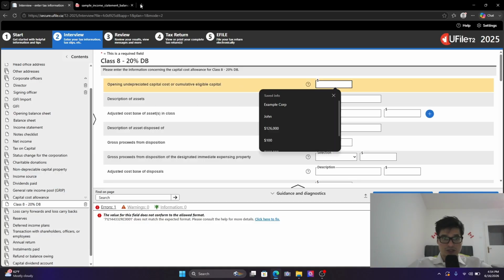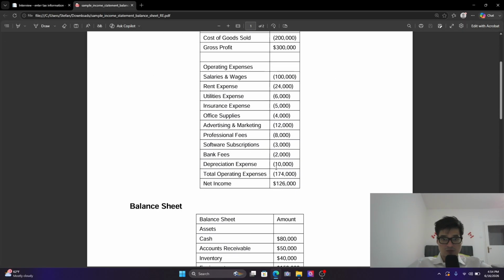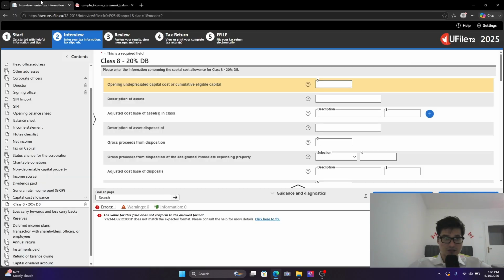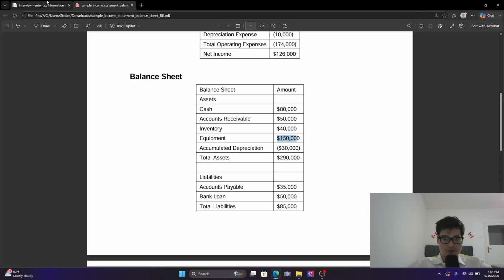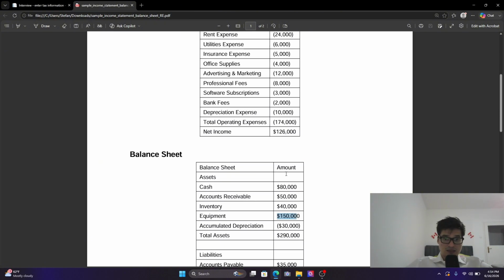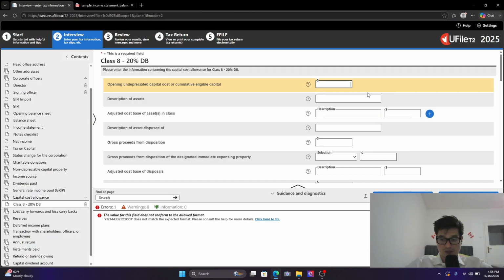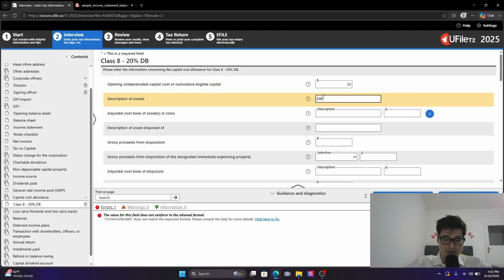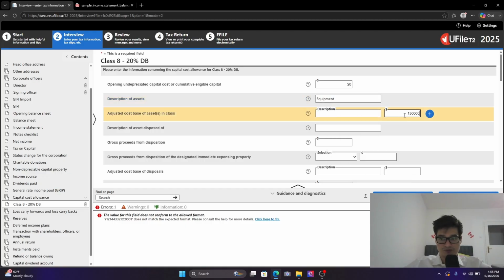So our undepreciated, again, maybe we had purchases of whatever's showing up as 150,000, but maybe this was in the past. So we're just going to show this as whatever it is. Right here you'll have the description, equipment, the adjusted cost base. We can do it as 150,000.